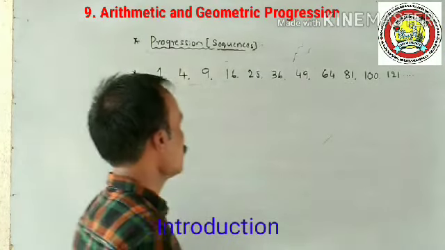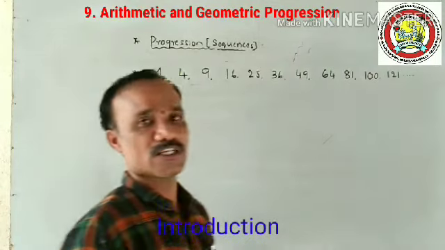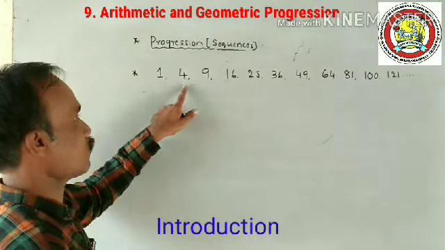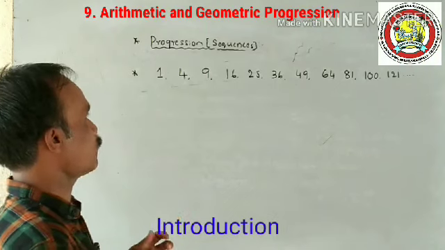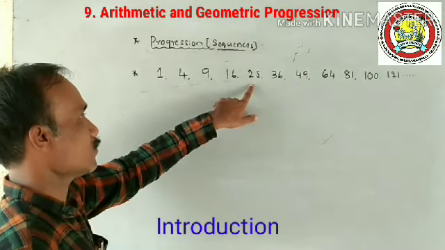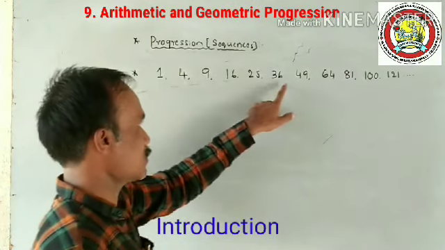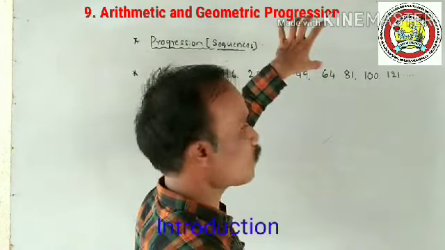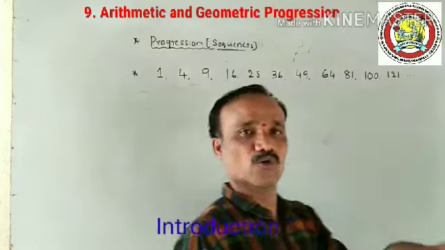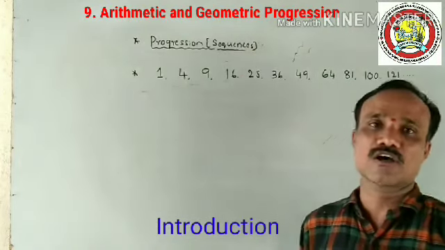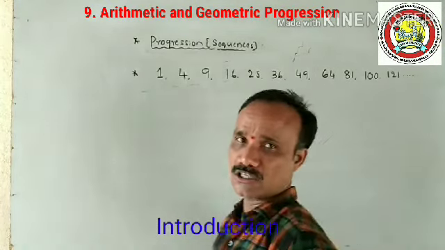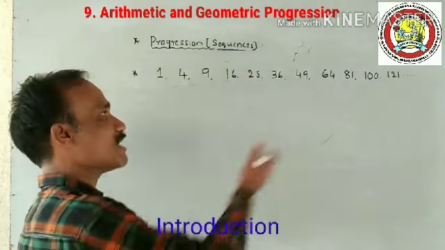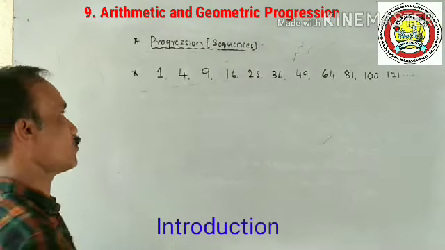That's very simple. These are all squares of the natural numbers. 1 squared is 1, 2 squared is 4, 3 squared is 9, 4 squared is 16, 5 squared is 25, 6 squared is 36, 7 squared is 49, and so on. So this is also one of the rules followed in a progression or sequence. What is the rule here? The rule is the square of the natural numbers. So this is one type of rule.